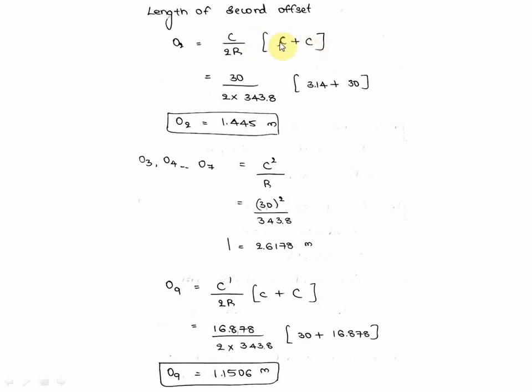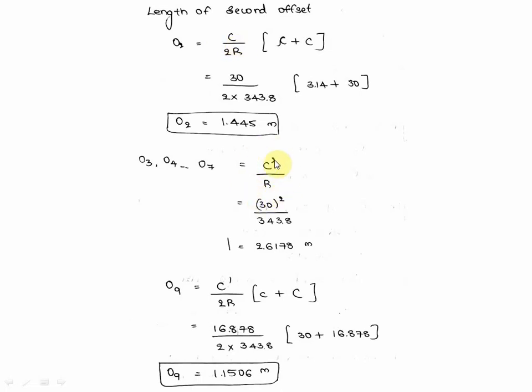Again this is 2cr, and again into C. So the 2 gets cancelled, and you are left with c square only. This will be 2c into c, that is 2c square by 2r, so you get the formula 2c square by 2r. The 2 gets cancelled and only c square by r remains.